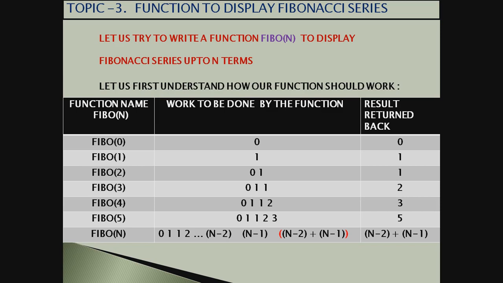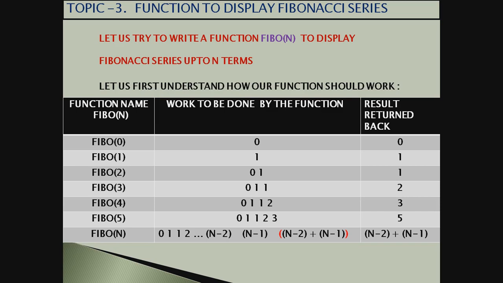So the third number is 1. If you go to Fibo 4, you see we have 0, 1, 1, 2. What is the last number? The last number is 2. How did we get 2? See, the previous 2 numbers are 1 and 1. If you add both the numbers, it gives us 2.